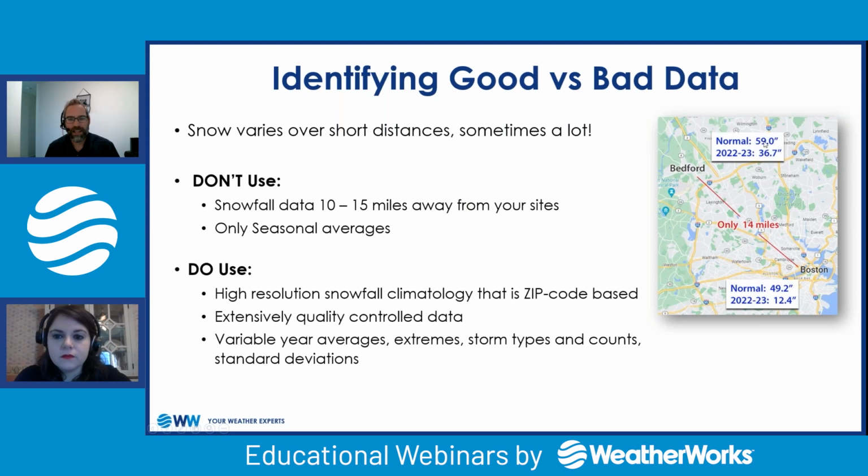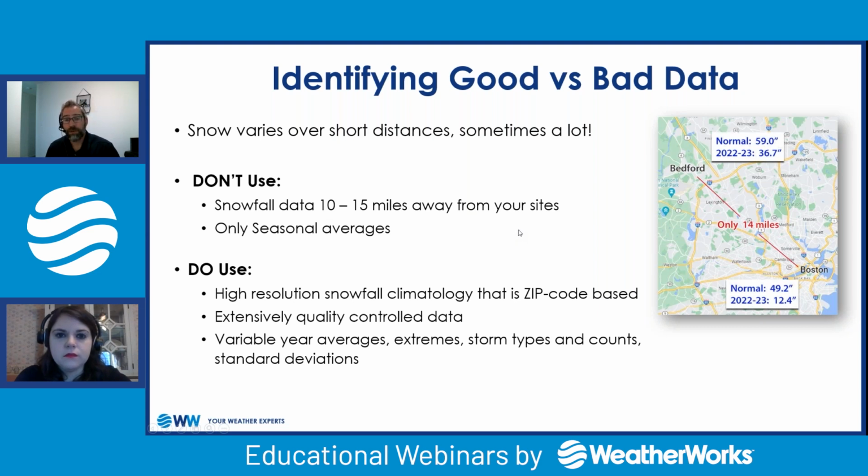Talking about 59 inches for the normal in Bedford and only 49 inches in Boston. So that's a 10-inch spread, and that's with the normals. If you take in any type of variability whatsoever, just looking at last year, you're talking about a 24-inch difference from Boston to Bedford. And obviously, if you are using Boston data for Bedford, that contract isn't going to be set up quite right for you. So something to really look at.